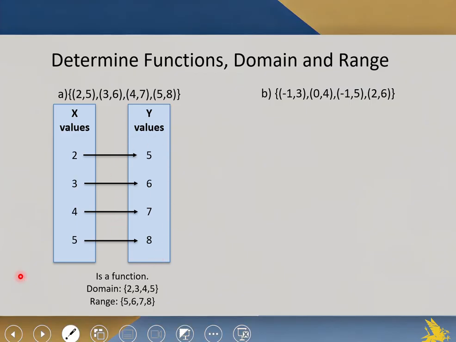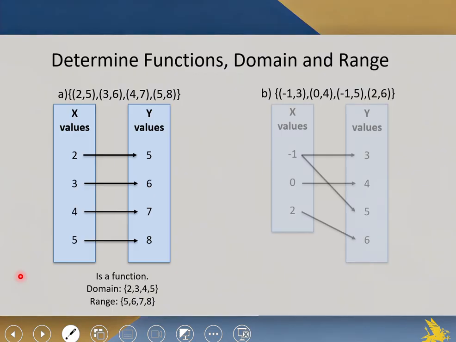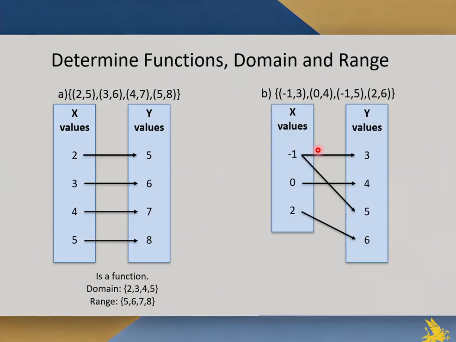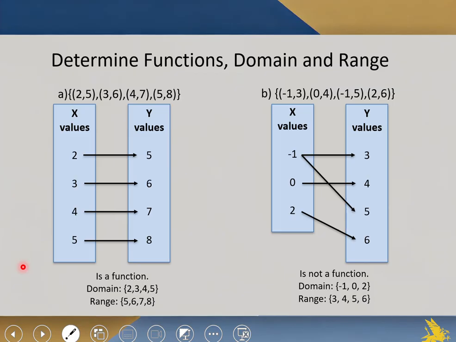If we do the same thing for our next pairs, we can see the x value has 2 y values, so straight away we know it's not a function. The domain is focusing on my x values, and my range is focusing on my y values.